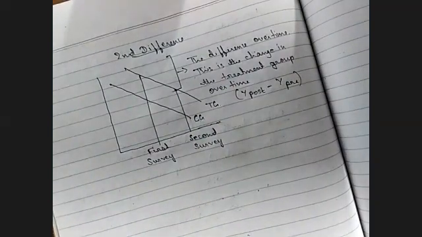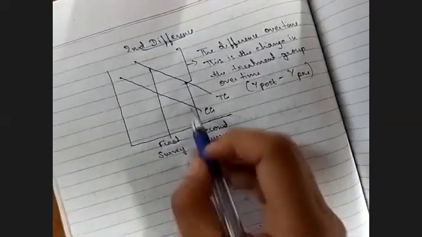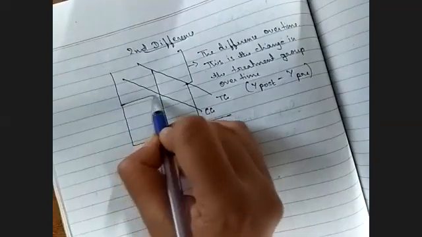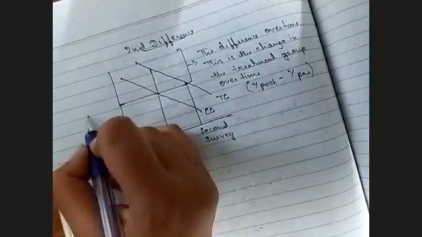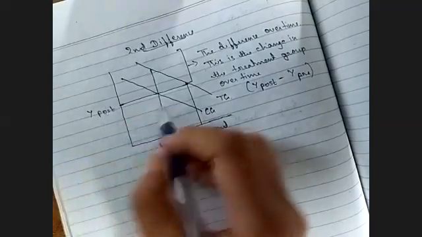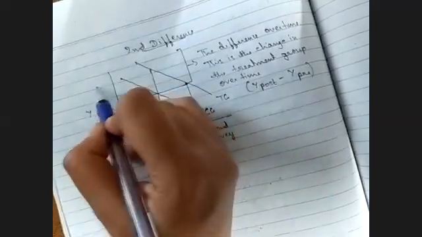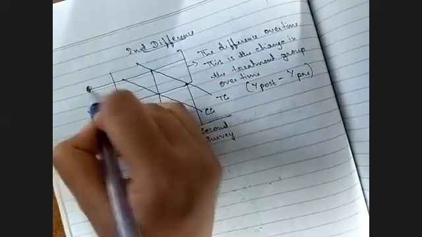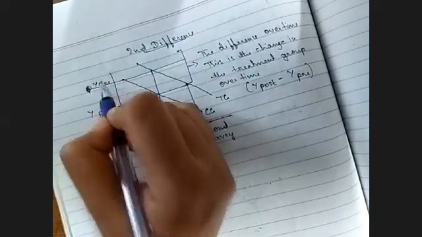What about control group? This is y post and this is y pre.